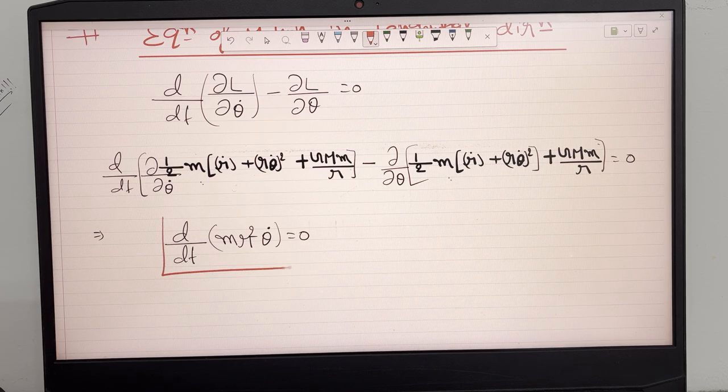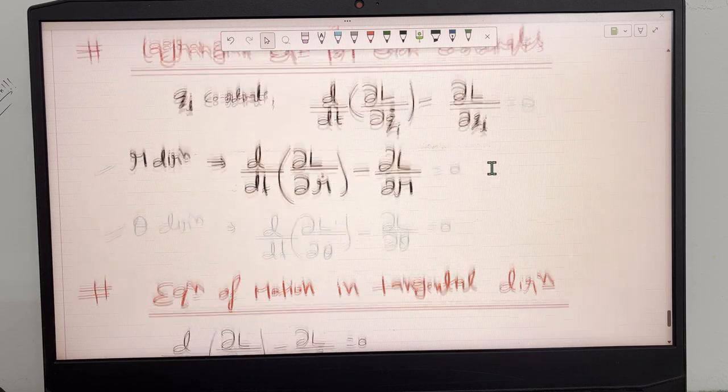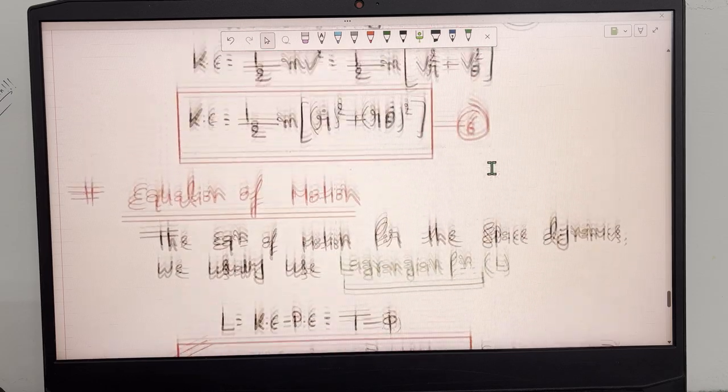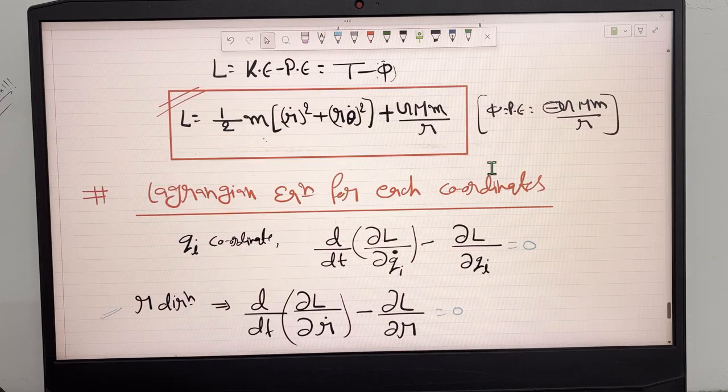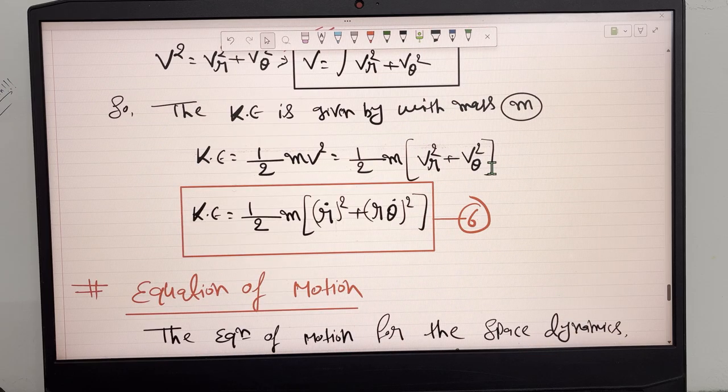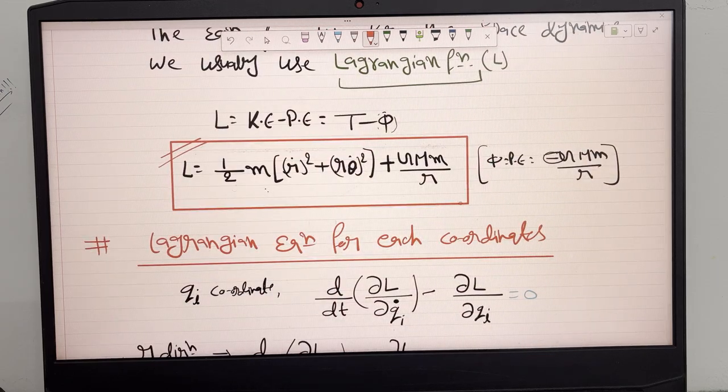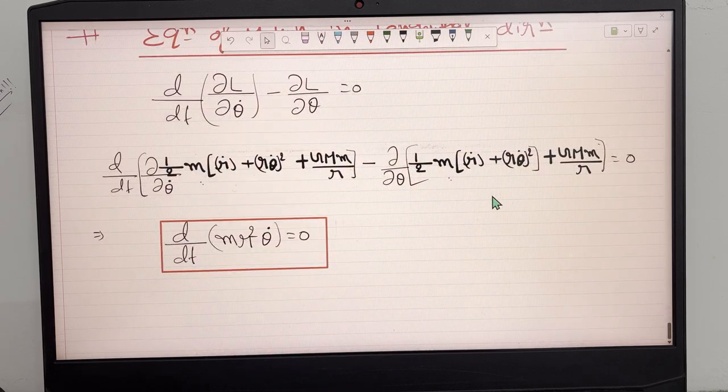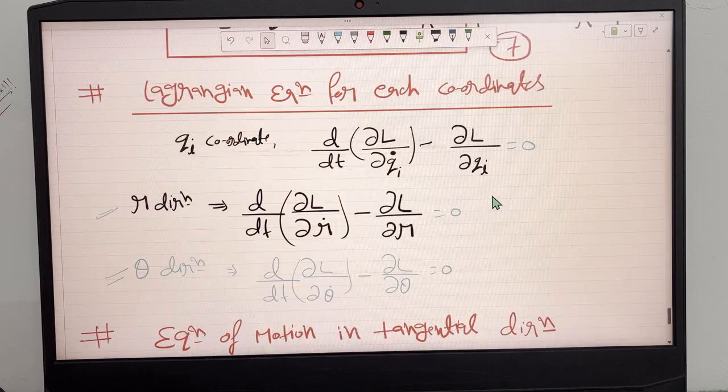This is your equation number. Let's suppose it was your 6, then this is your 7. This is your 6, this is your 7, then this is your 8.